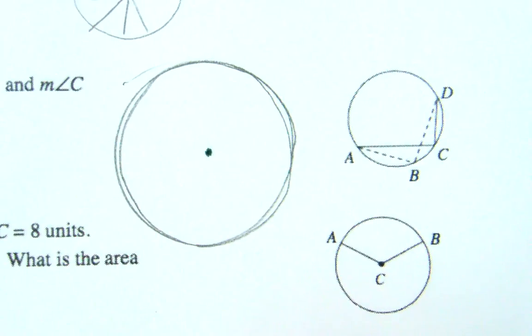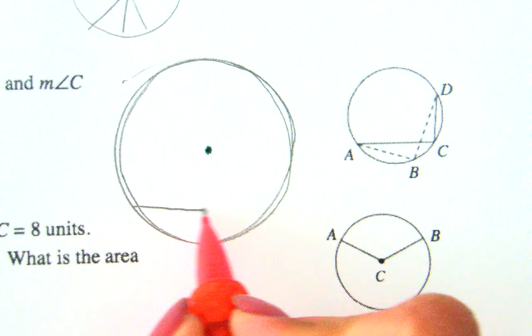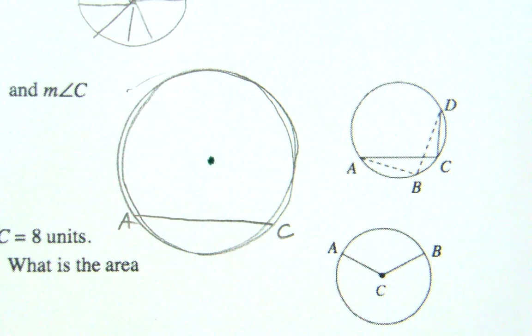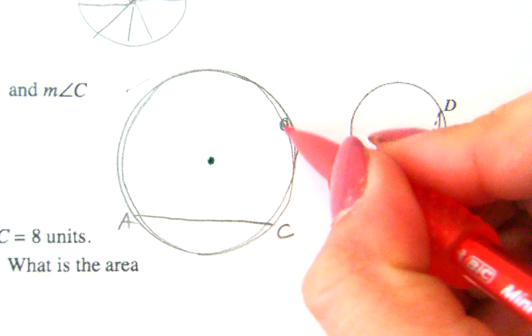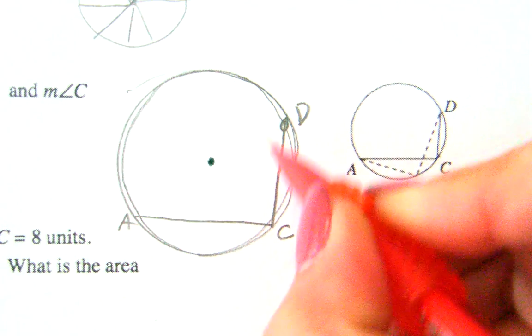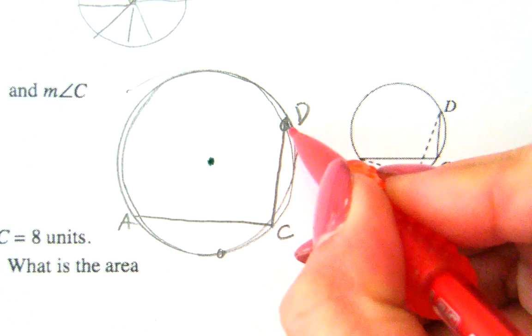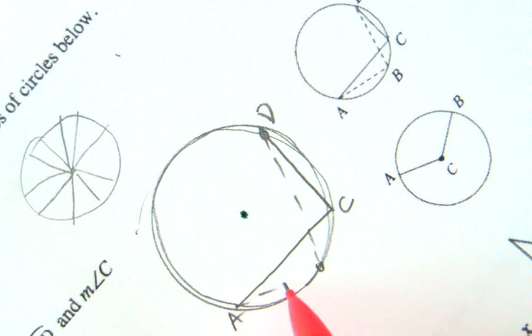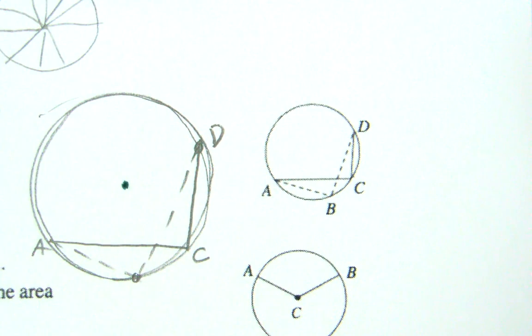Okay, I'm making this a bigger circle. So this is AC. Here's D. We're going to put B somewhere over here.